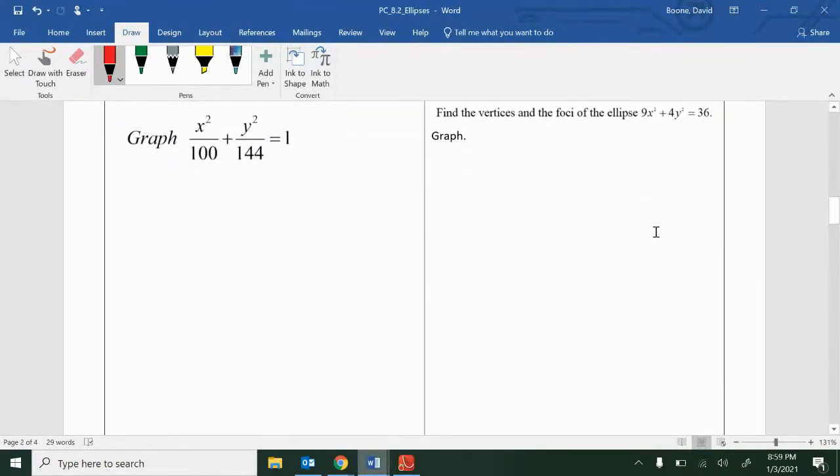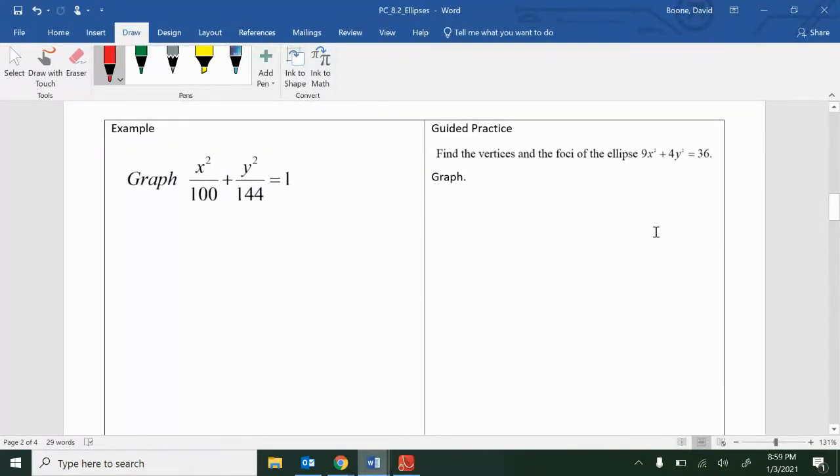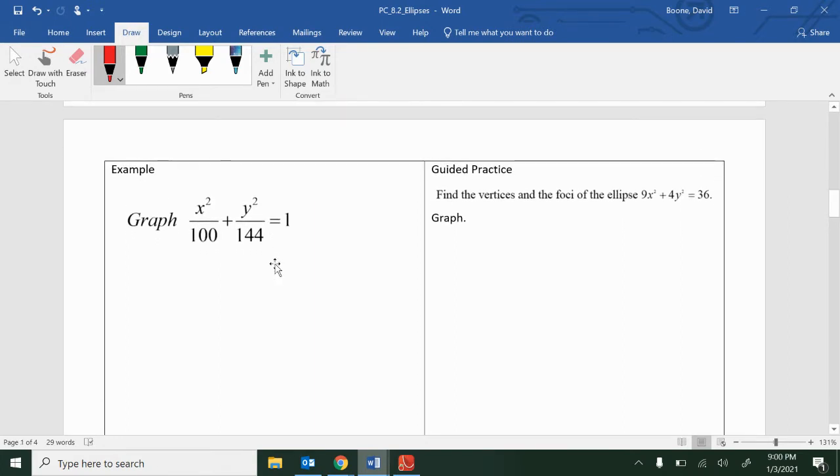And we'll just try the first one here. All it's asking us to do is just graph this. So I'm going to decide in this question, is this x squared over a squared or x squared over b squared? And we have to remember the longest one is always the a.